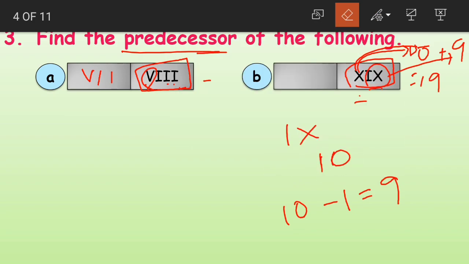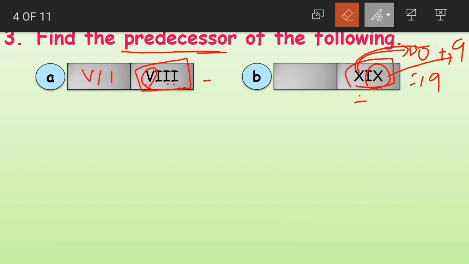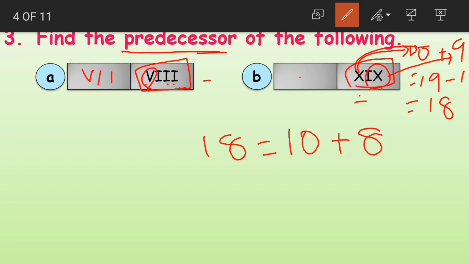Now what about the predecessor of 19? The predecessor of 19 is 19 minus 1, which is equal to 18. Now how do we write 18 in Roman numerals? As I said, write the expanded form: 10 plus 8.